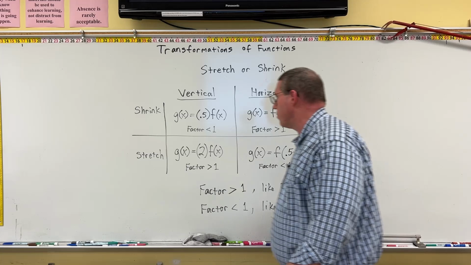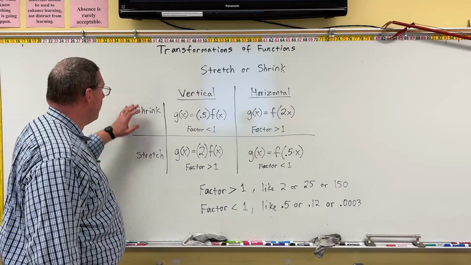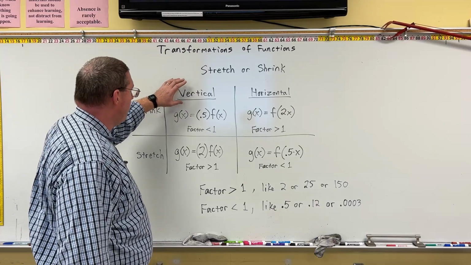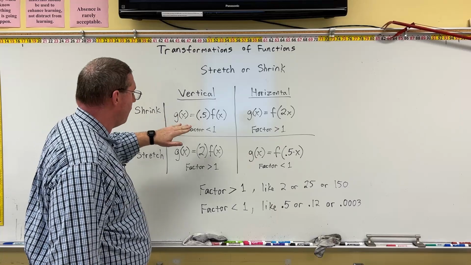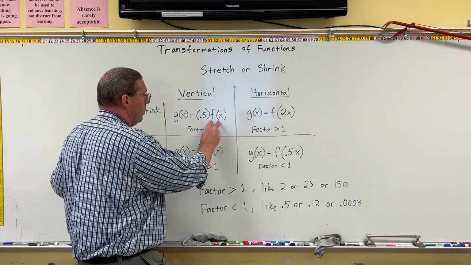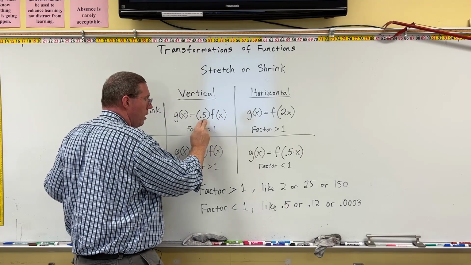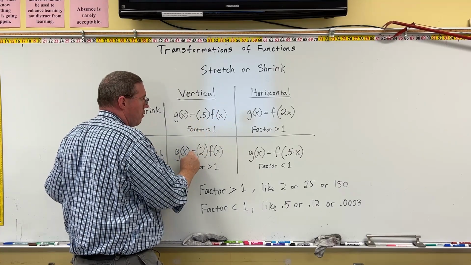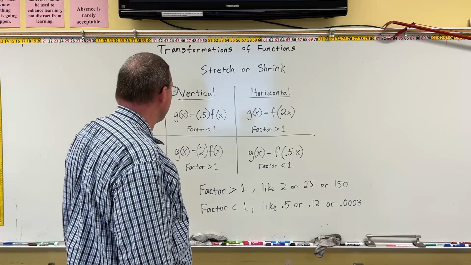And so here's how it goes. If you want to be able to shrink a function vertically, so if g of x is going to be a vertical shrink of f of x, all you have to do is multiply the function f of x, the whole function, by a factor that's less than 1, like 0.5 or 0.1 or 0.4 or 0.7 or something like that.